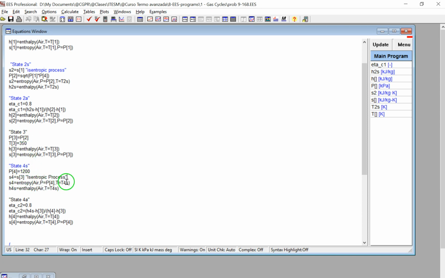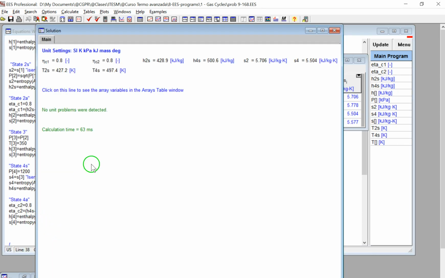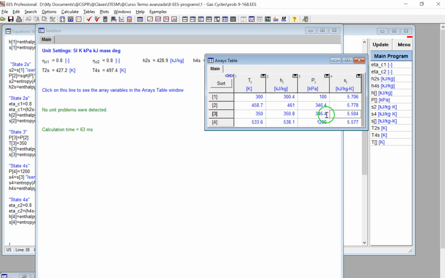Find the temperature for S, that is the isentropic temperature, and the enthalpy for S, that is the isentropic enthalpy. And defining again the isentropic efficiency of the second compressor, I can solve for enthalpy and entropy. I press F2. Notice that I have a solution here, and my array table is complete now.